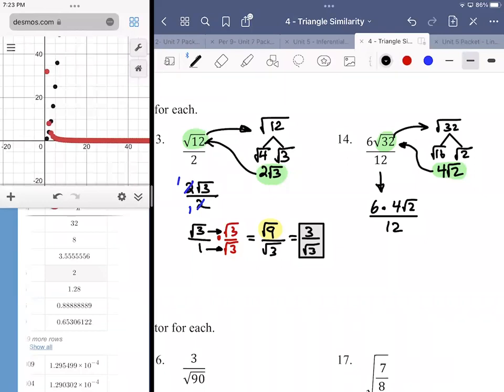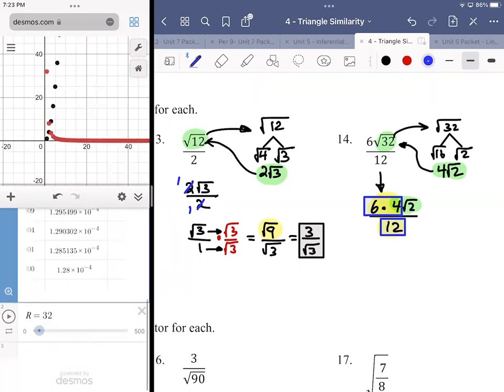Now, I can use Desmos to reduce the non-radical parts. Right, the 6, the multiplication of 6 and 4, and also the 12. Assuming I don't want to just do it in my head because it's really not that bad. Right? 6 times 4 is 24. 12 divides evenly into the 24.